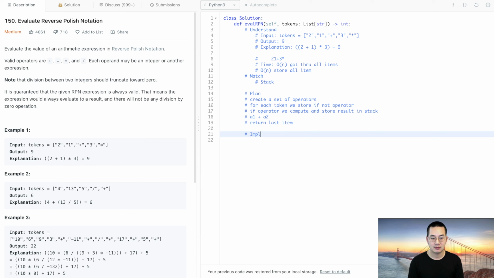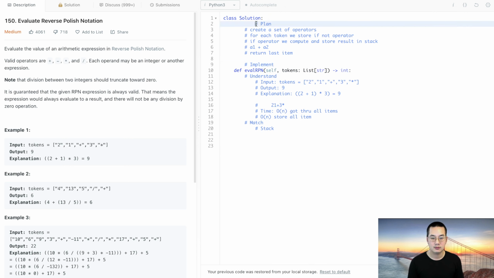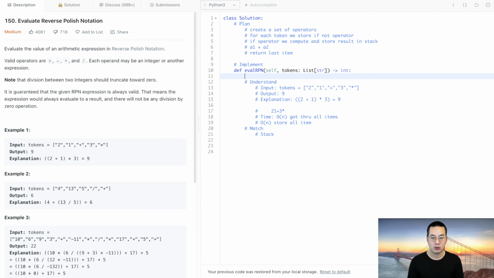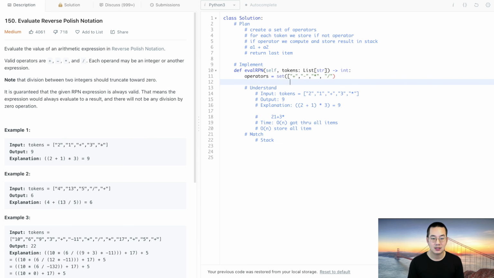Okay, let's implement. Let's create a set of operators: plus, minus, divide, times.